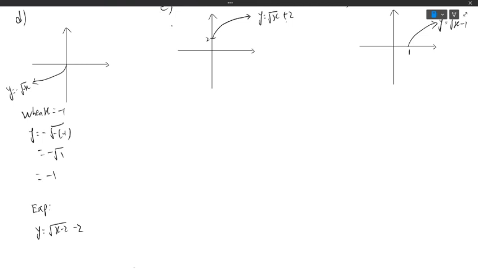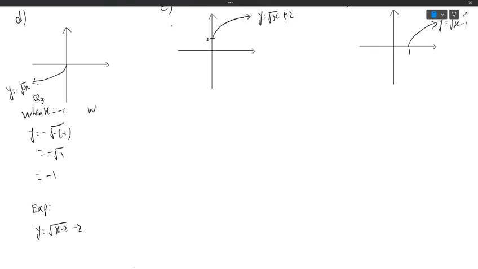So when x equals negative 1, y also becomes negative 1. So we can get that when the value of x is negative, the value of y will also be negative. So the graph will go through quadrant 3, and the shape of the graph is like this.